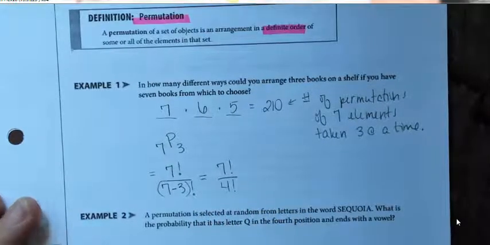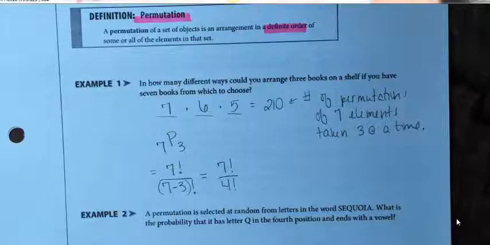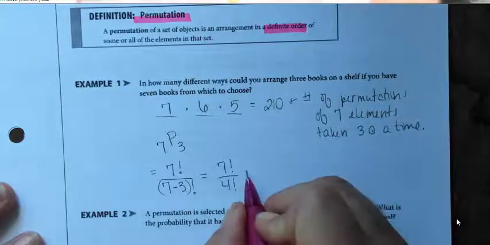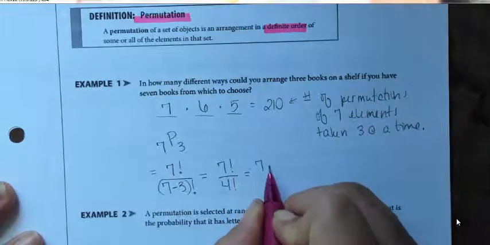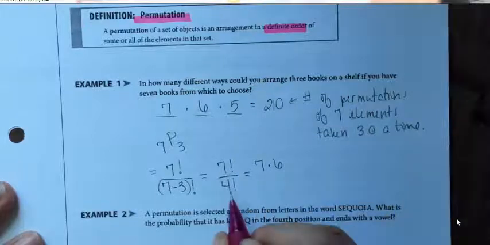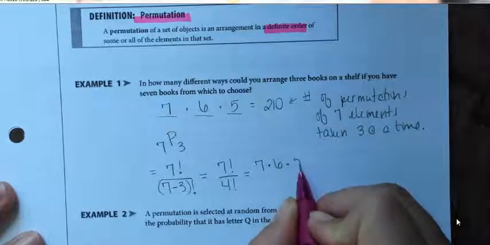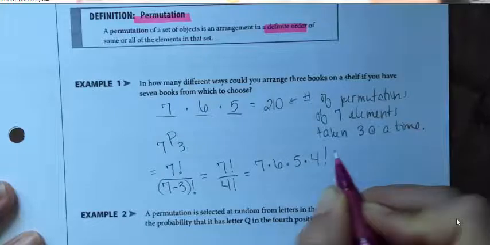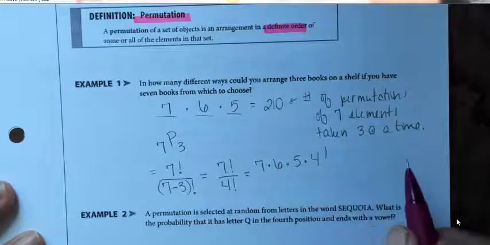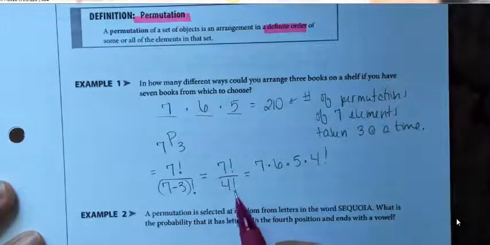There's a couple ways to do this, and I'm going to show you both ways. But the first way is by hand. So this is 7 times 6 times 5 times 4 factorial. I could write 4 times 3 times 2 times 1, but that's the same as 4 factorial.